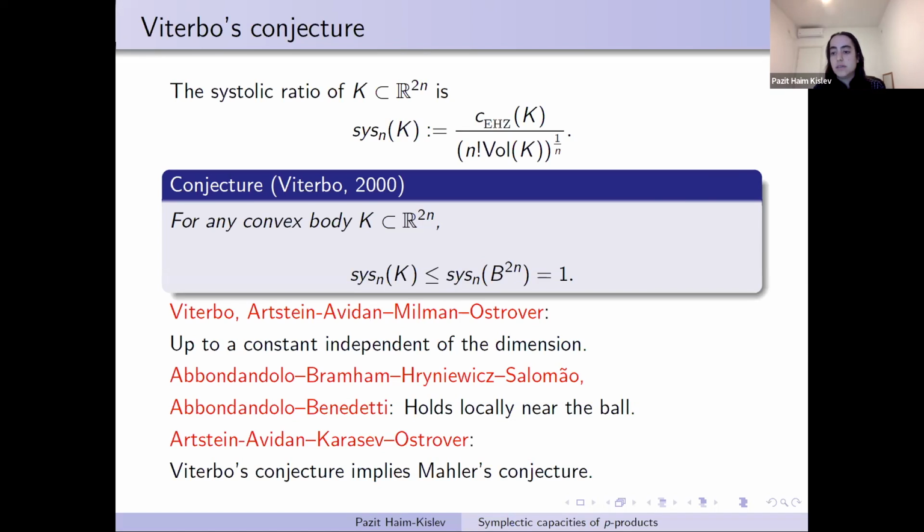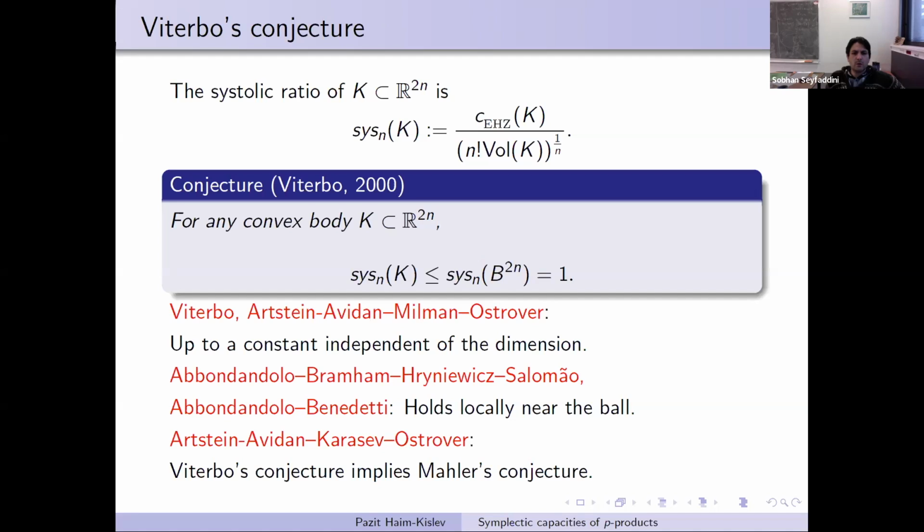So the ball is a local maximum. And also an interesting relation is to convex geometry, which states that the Viterbo conjecture would imply the Mahler conjecture, a famous conjecture in convex geometry, open for 80 years already.